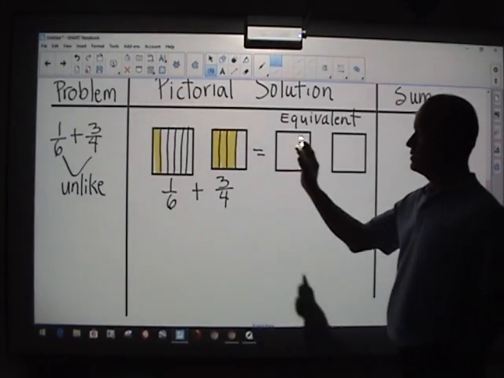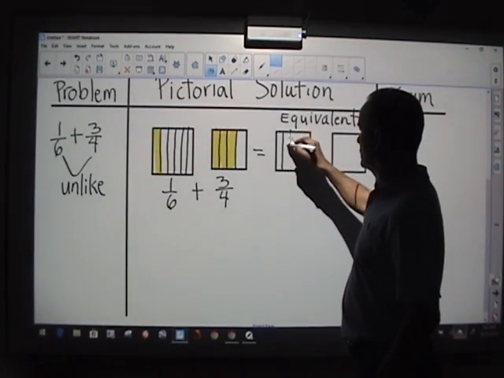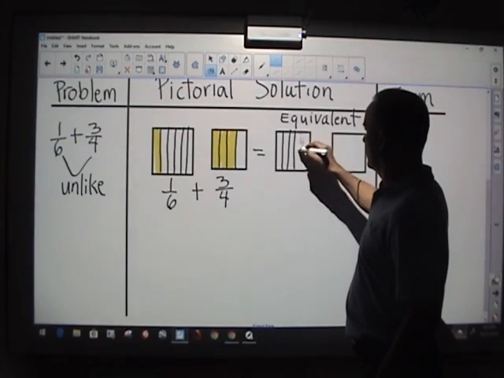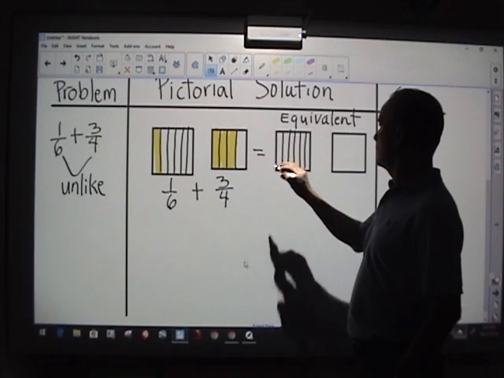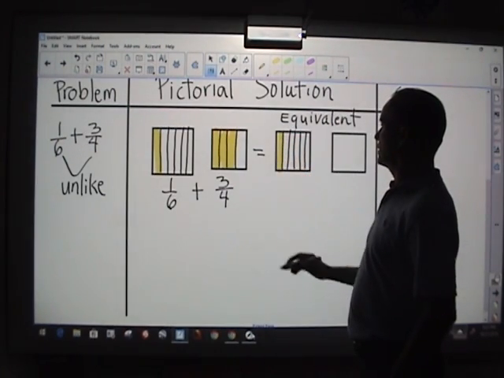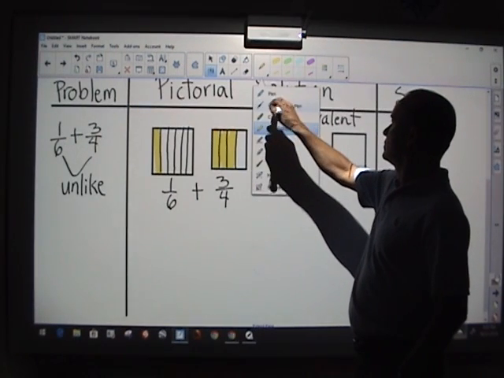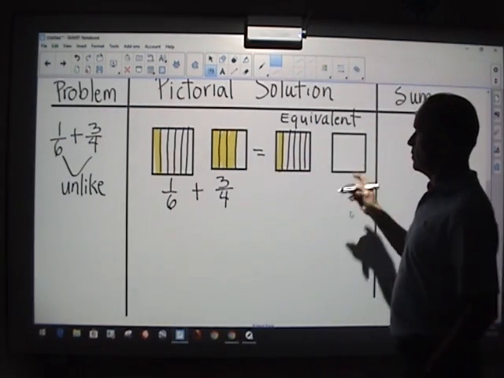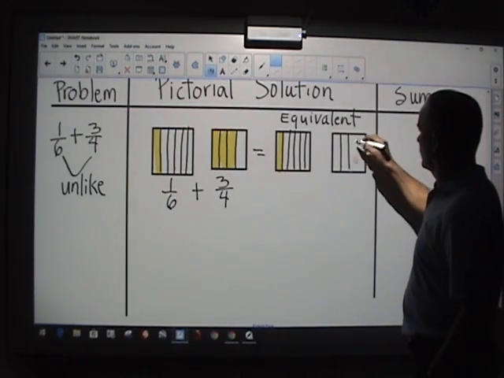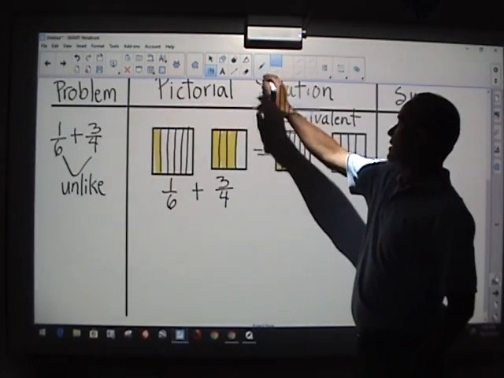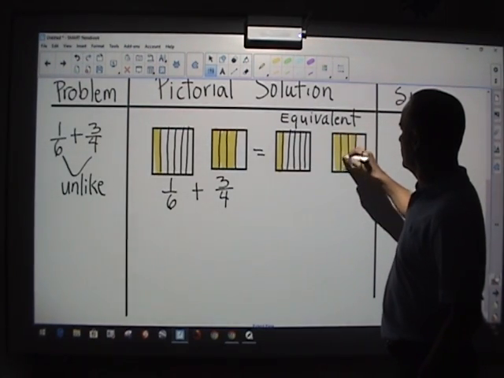Now what we're going to do is we're going to start with this model and we're going to recreate it here. 1, 2, 3, 4, 5. And we have 1 highlighted, 1 out of 6. So we're going to recreate the other model here, which is 3/4. And let's highlight it as well so we can show the accurate representation of it.